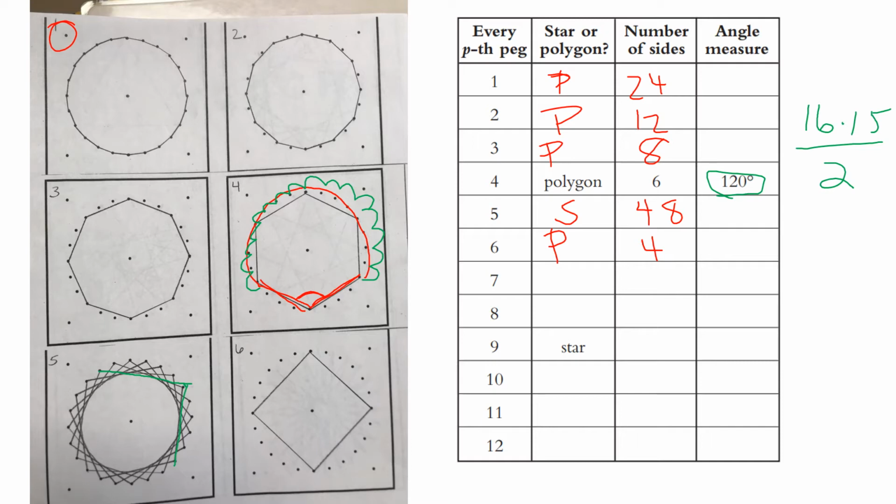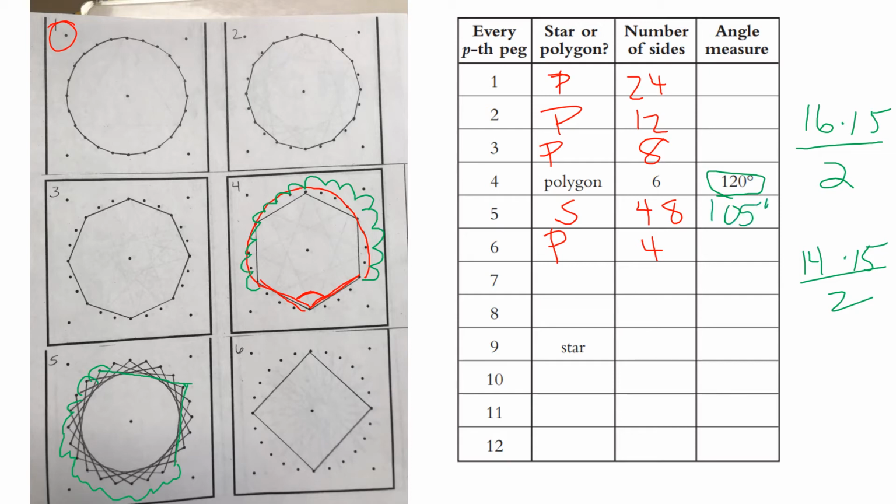For the star, there's going to be a pattern, but overall, we just pretty much count them, and that's what a lot of us did in class until we found a pattern. So 1, 2, 3, 4, 5, 6, 7, 8, all the way around. And again, because I know that there's 5 on each side, 5 and 5 is 10. There's 24 total, so I know that's going to be 14. So 14 times 15 divided by 2. And when you do that, 14 times 15 divided by 2 is 105.